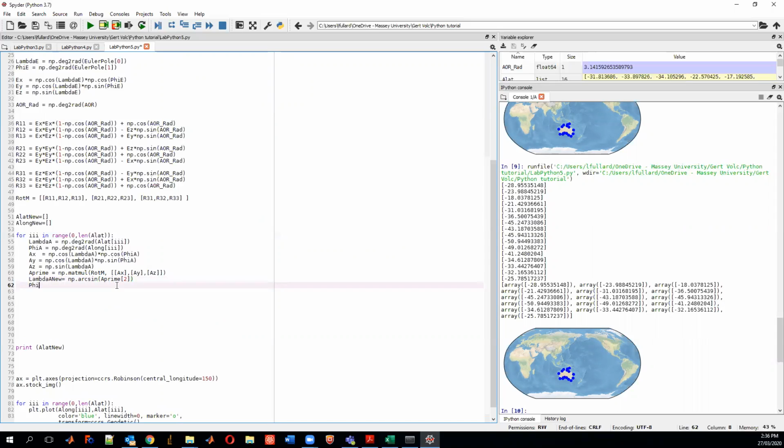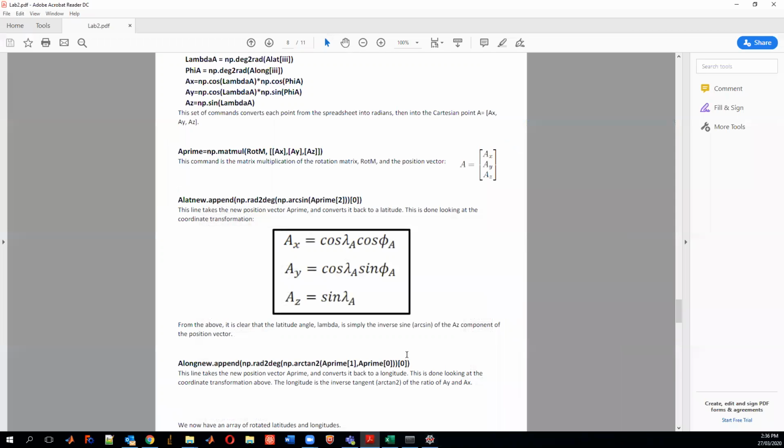What we also want is the phi A nu. This is a little bit more tricky. If we come back to our equations again, we want to get this phi now, the longitudinal angle, but there's no easily invertible equation. So instead we'll take equation 2, this AY equation, and divide it by this first equation.